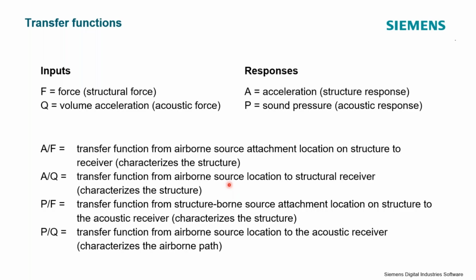Again, this is very common in a transfer path analysis where, let's say I'm working on an automobile and I want to understand what are the different paths or ways that energy is getting to the driver's ear. So my P is my driver's ear location with a microphone, and then I could essentially bonk on my structure at all these different places and generate a P over F.